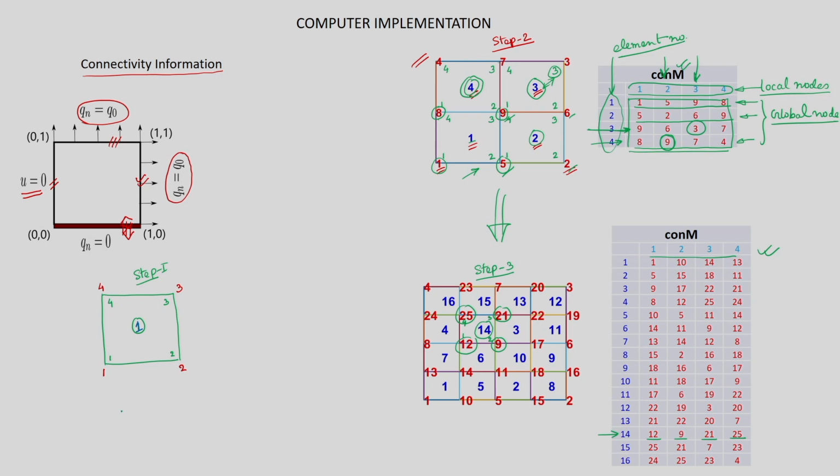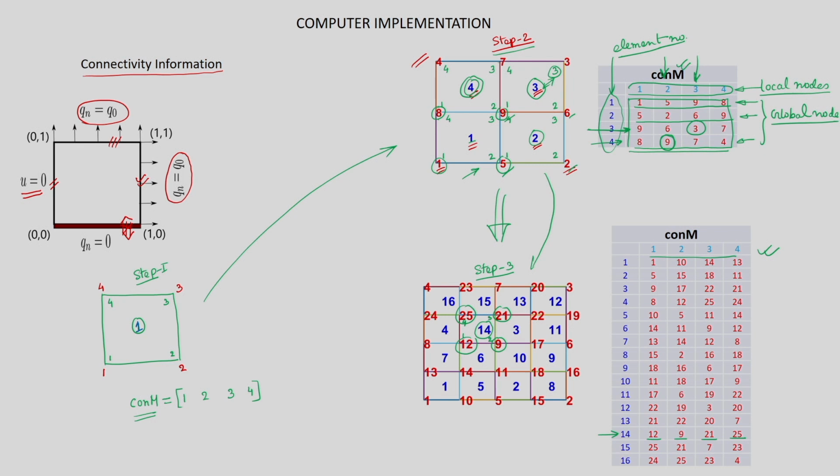It has only one element, so there is only one row. The connectivity matrix has one row, and local 1, 2, 3, 4 correspond to 1, 2, 3, 4. That is how the connectivity matrix looks for step 1. The same domain has been discretized into 4 elements first, that is step 2, and then into 16 elements, which we refer to as step 3.